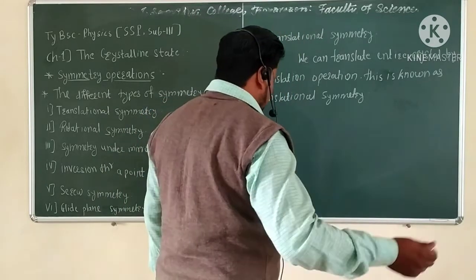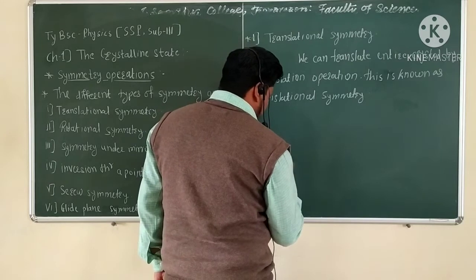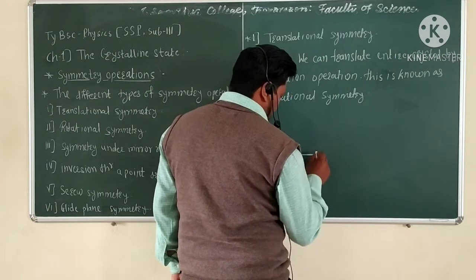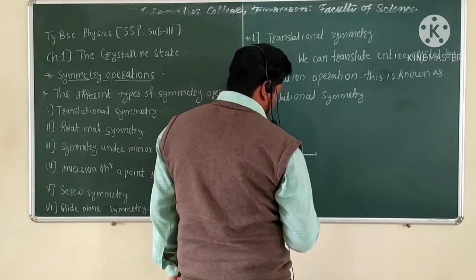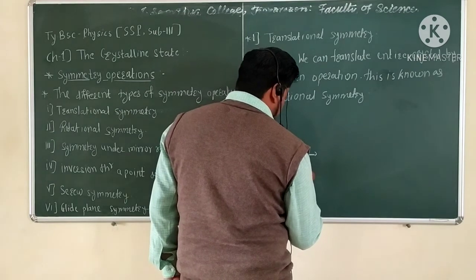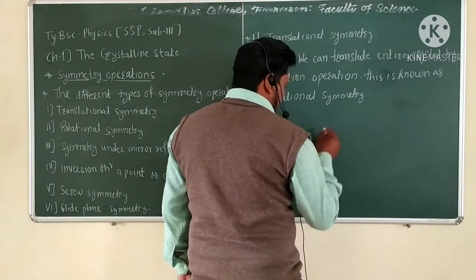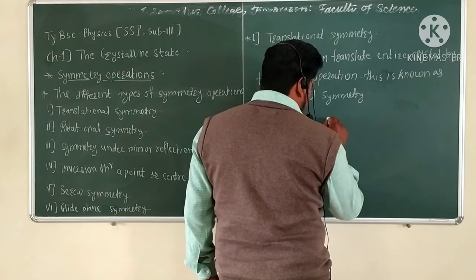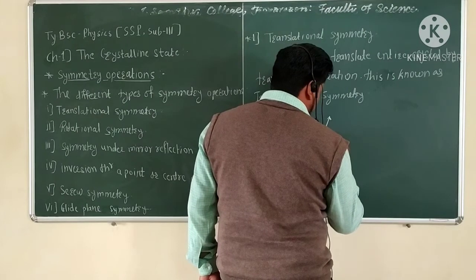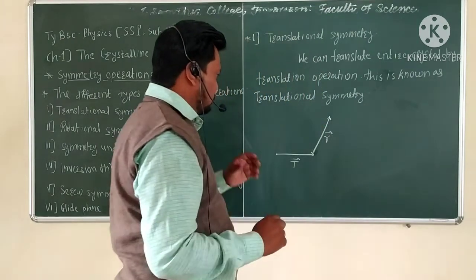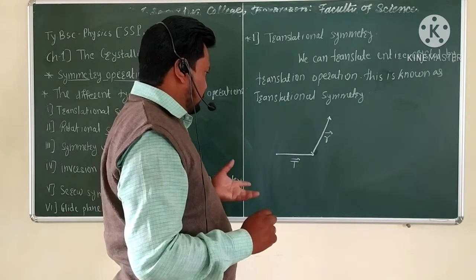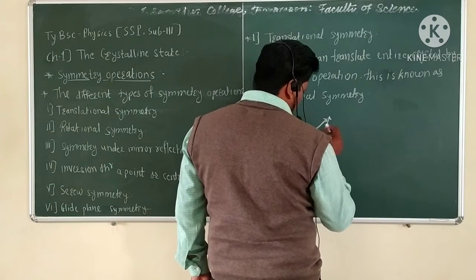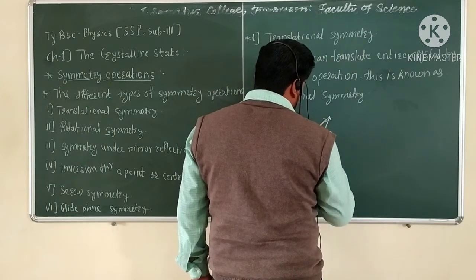For example, consider this as the lattice point, the crystal point, starting from here. Suppose this vector is considered as the translatory vector T bar, and this vector for this point is R bar, and the resultant vector is R bar prime.